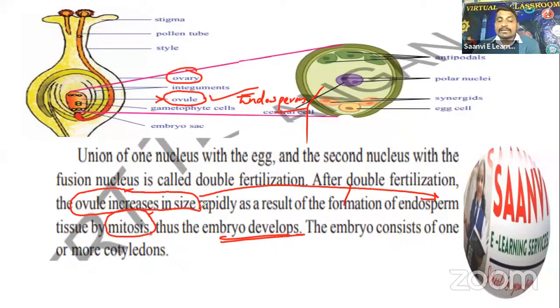These food materials will help to develop that embryo. The embryo consists of one or more cotyledons. What are cotyledons? Let us discuss them.